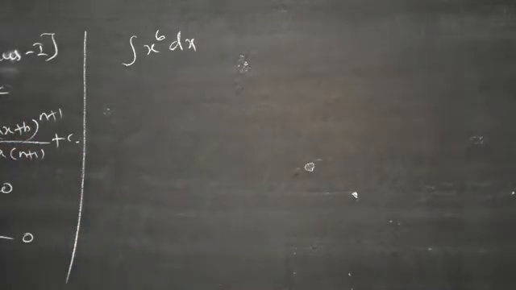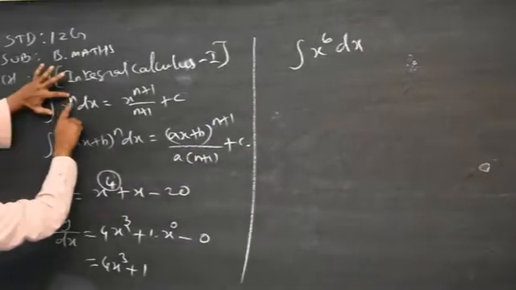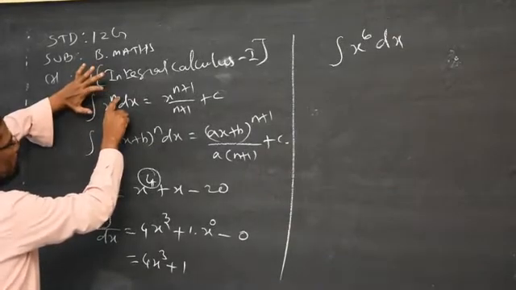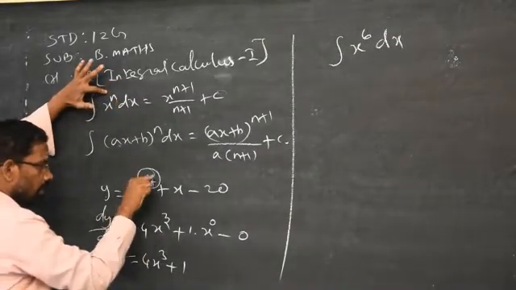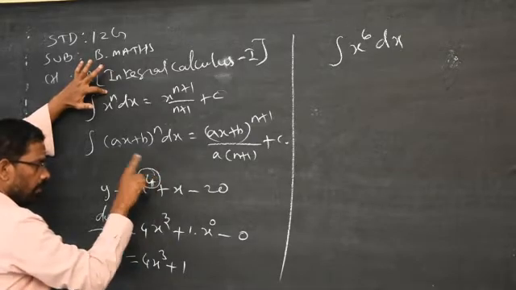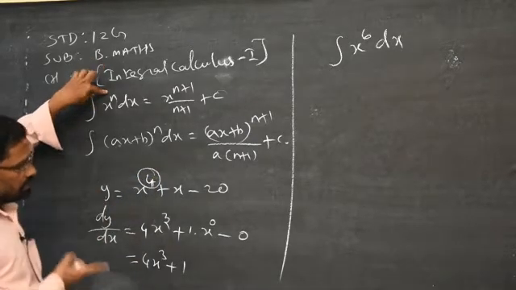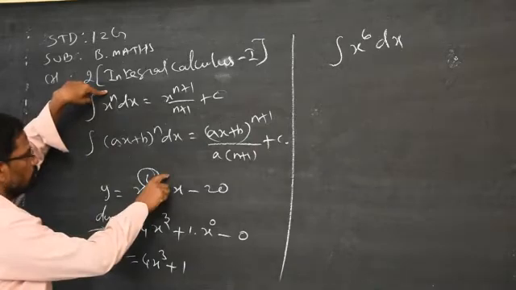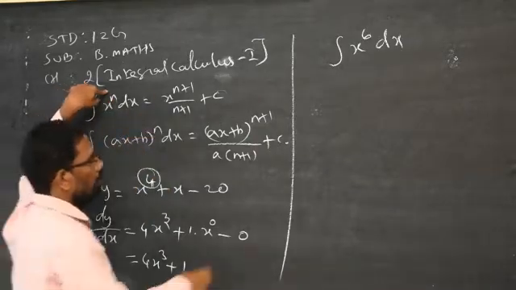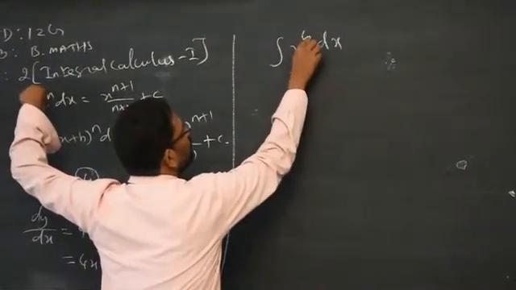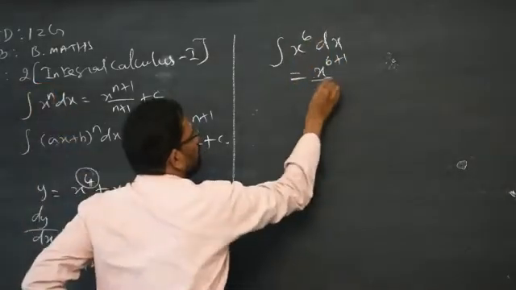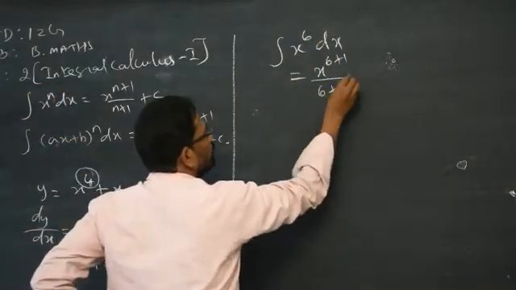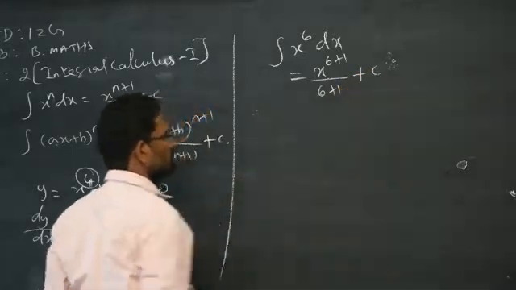According to that formula, you always add 1 to the power of x, whereas in differentiation you always subtract 1 from the power of the variable x. Just reverse: there you subtract 1, here you add 1. When you add 1 to the power of x, the same you write as a denominator, then plus the constant c.